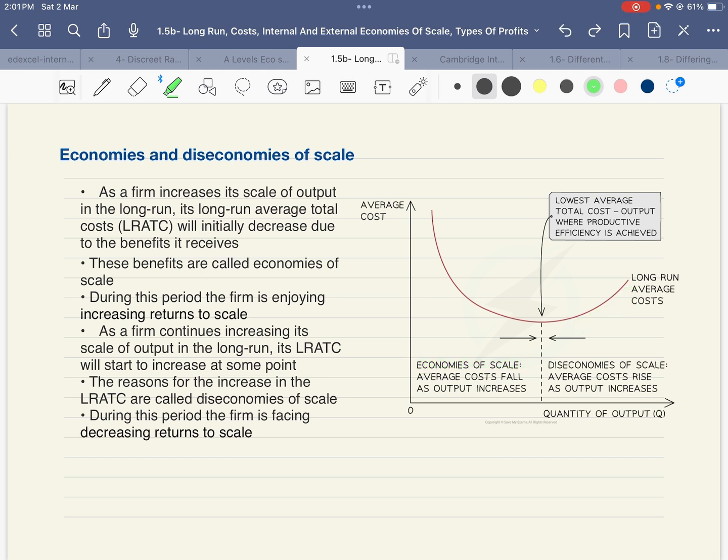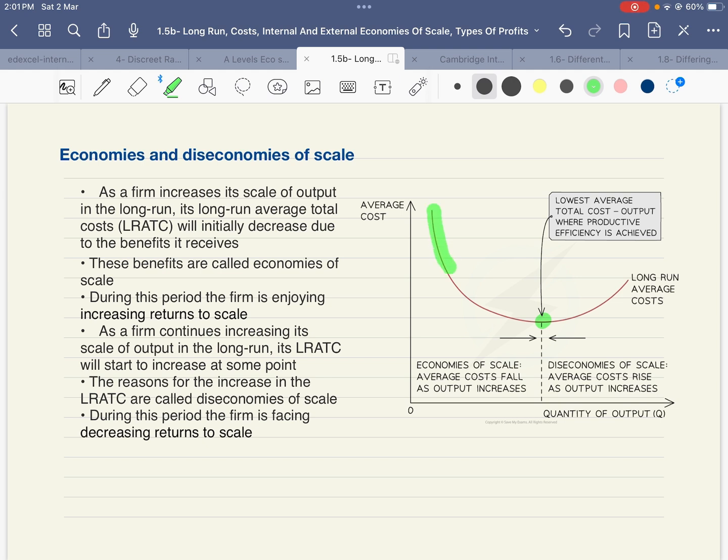In the period where the company is experiencing economies of scale, average costs fall as output increases, and in times of diseconomies of scale, average cost rises as output increases. The point after which the average cost starts increasing is the point where the company is experiencing the lowest average total cost of output, where productive efficiency is achieved.